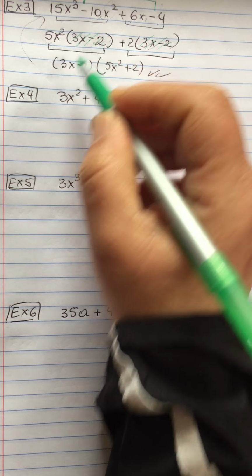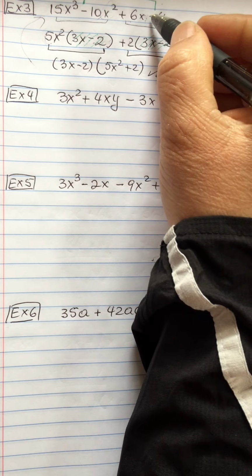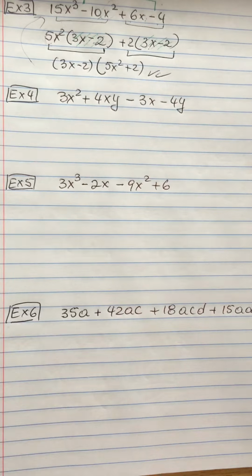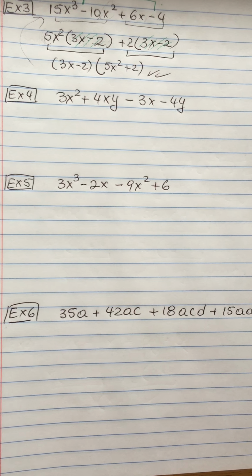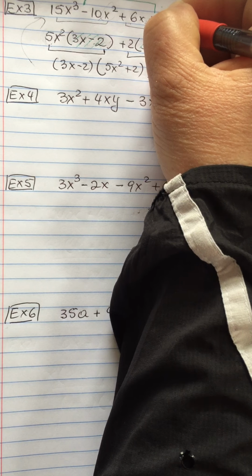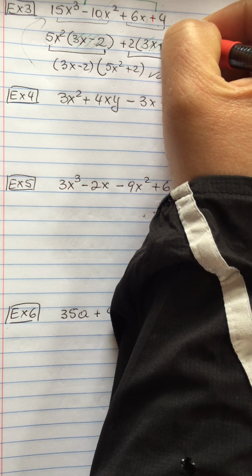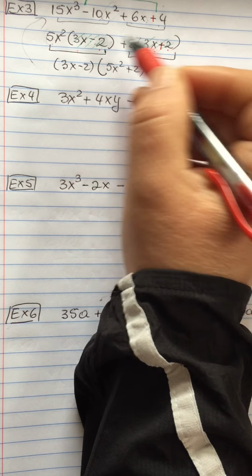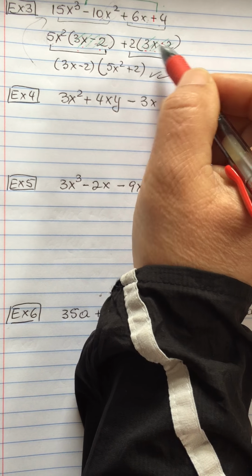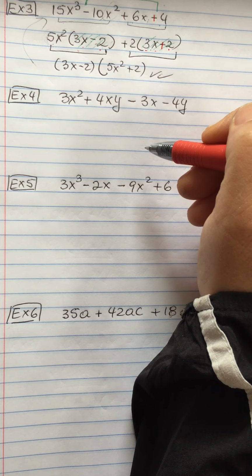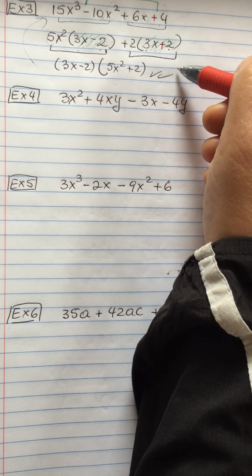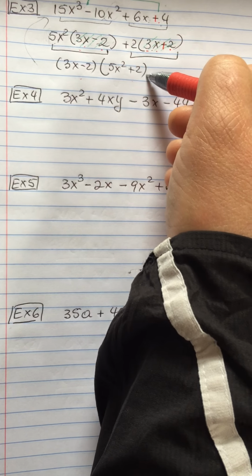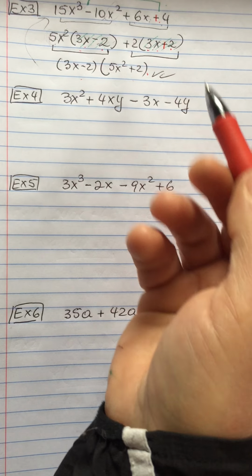Because suppose that this is positive, and now here I will have a positive, and 3x minus 2 is not the same as 3x plus 2, so the groups do not have a common factor, so I am not able to factor it further. Since I cannot turn the addition into multiplication, this means I cannot factor.